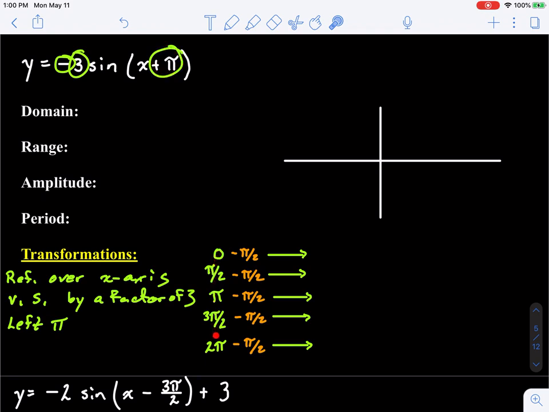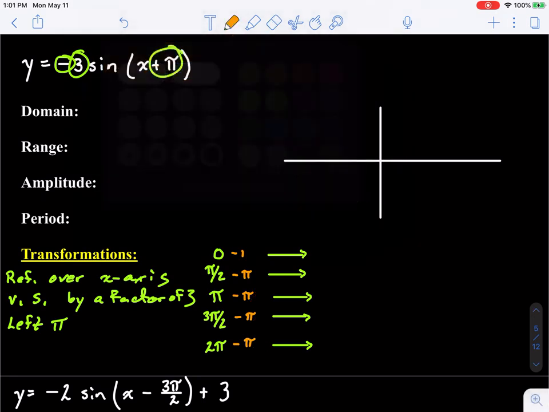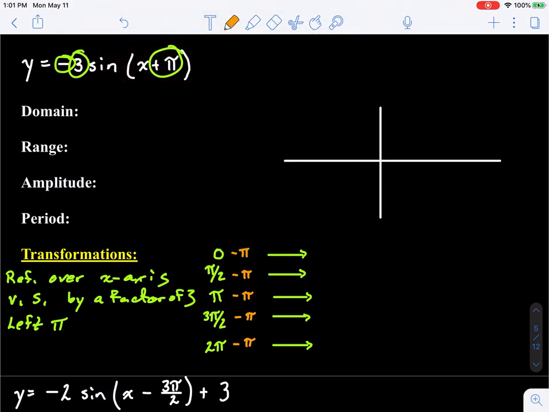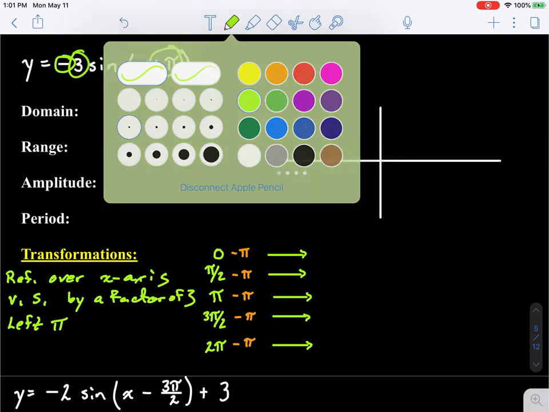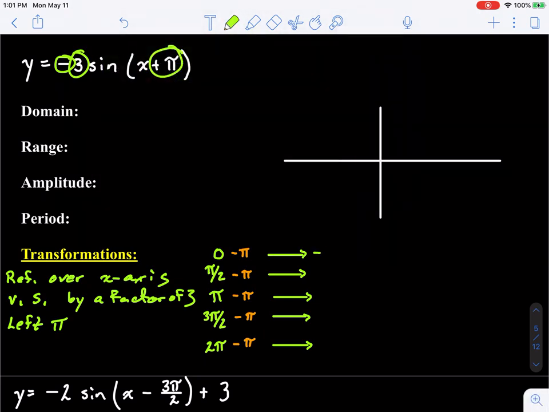These are the usual x-axis values that we would be plotting at, but because we are shifting to the left pi units, I need to take those off. What we're going to be doing is subtracting pi from each of those values. All right, so if you go with your first one, 0 minus pi will start us at negative pi.